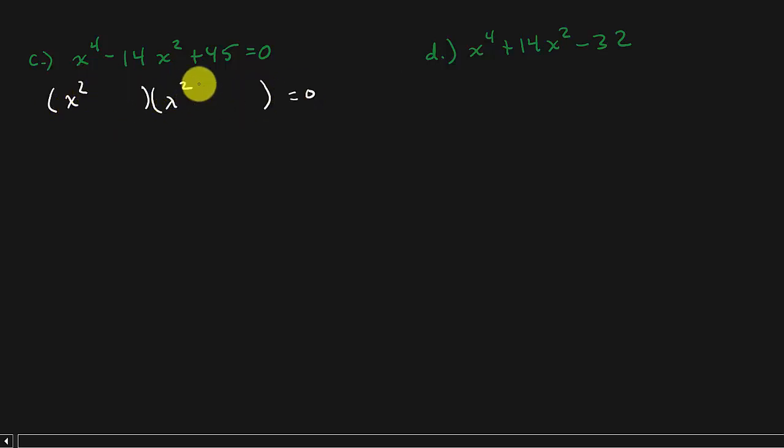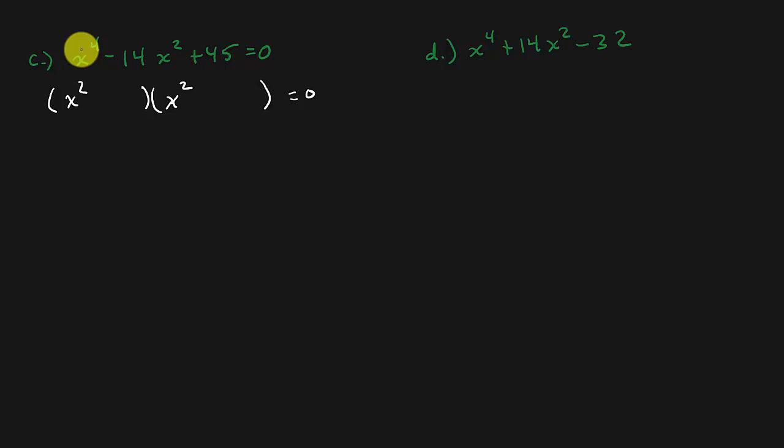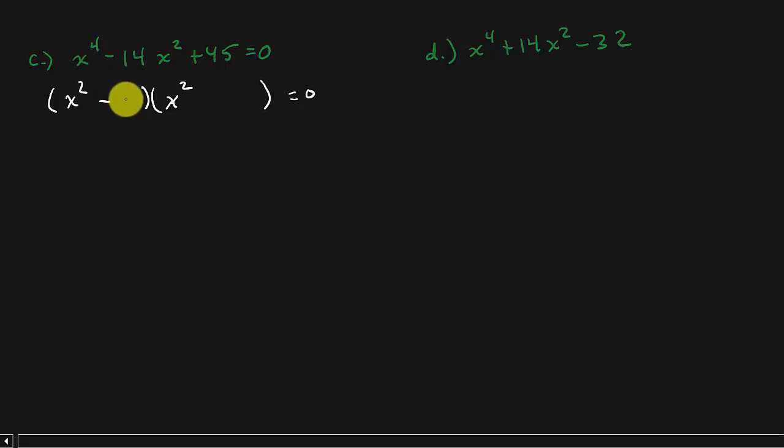I know that's going to be x squared and x squared, right? X squared times x squared is x to the 4th. There you go. If you feel better making the substitution, by all means do it. So this is going to be minus 9 and minus 5. Is that right? Yeah.